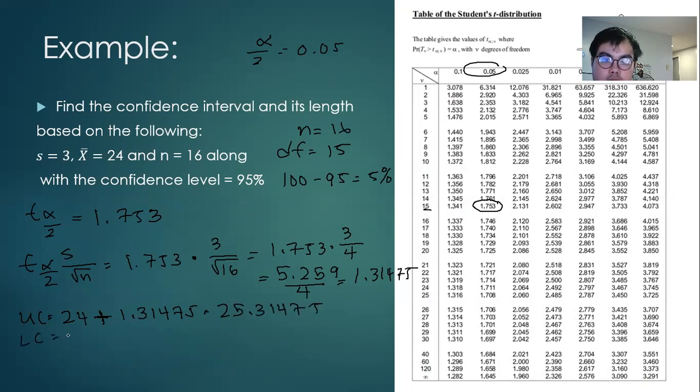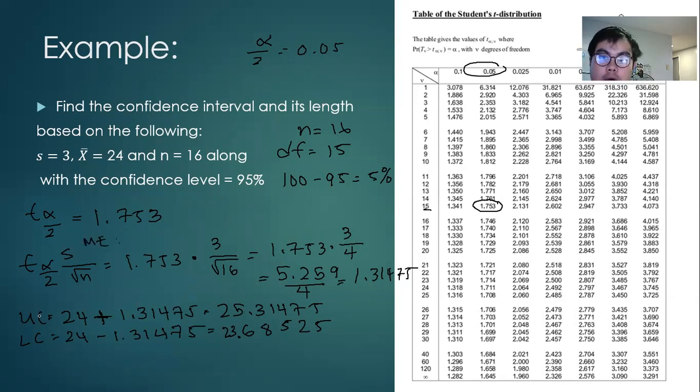For the lower bound, 24 minus 1.31475 will be 23.68525. It's because we subtracted the margin of error from the sample mean.